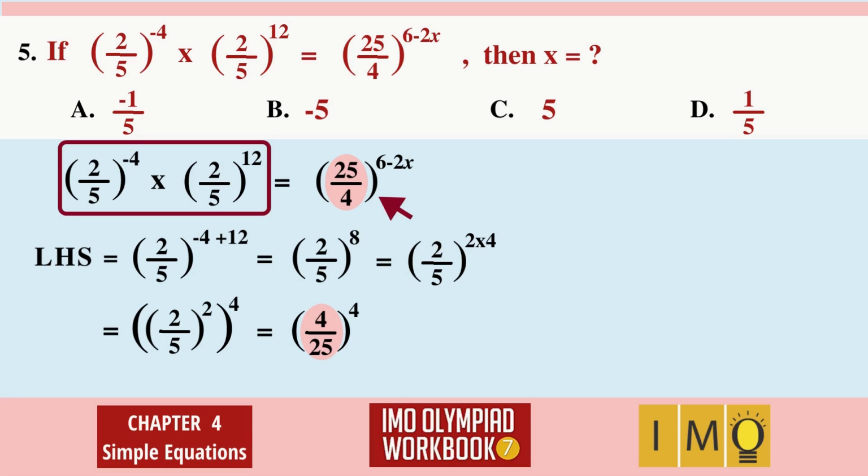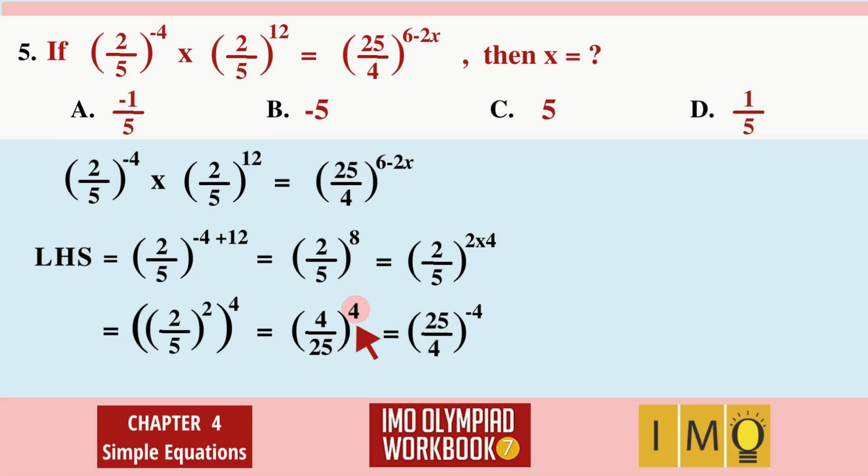If you have learnt negative exponents, then you will know that if the base is changed to its reciprocal and the exponent is changed to its inverse, then the value is the same. So our equation becomes 25 by 4 whole raised to minus 4 is equal to 25 by 4 whole raised to 6 minus 2x.